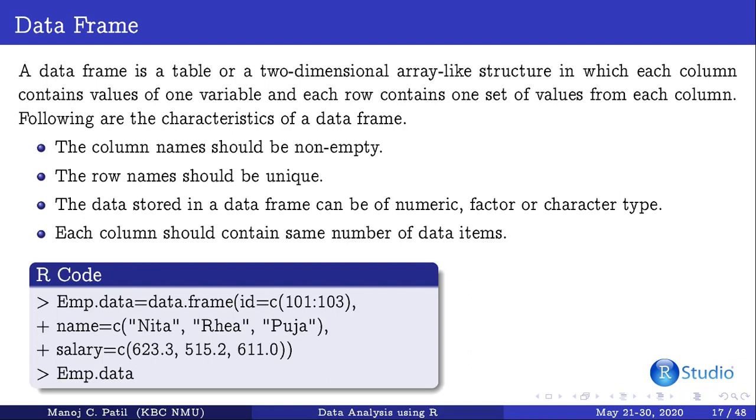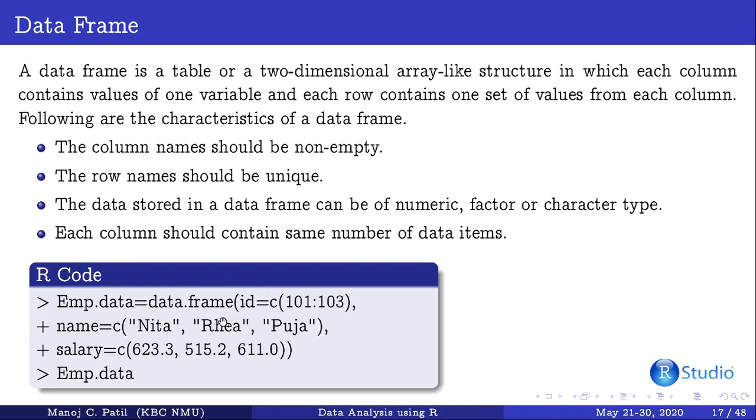Here is the R code. Look, that R code is not that complicated. We just have to use the data.frame command. Suppose this is small company data. They have 3 employees, Nita, Ria, and Pooja. The first column is ID equal to 101, 102, and 103, their IDs.